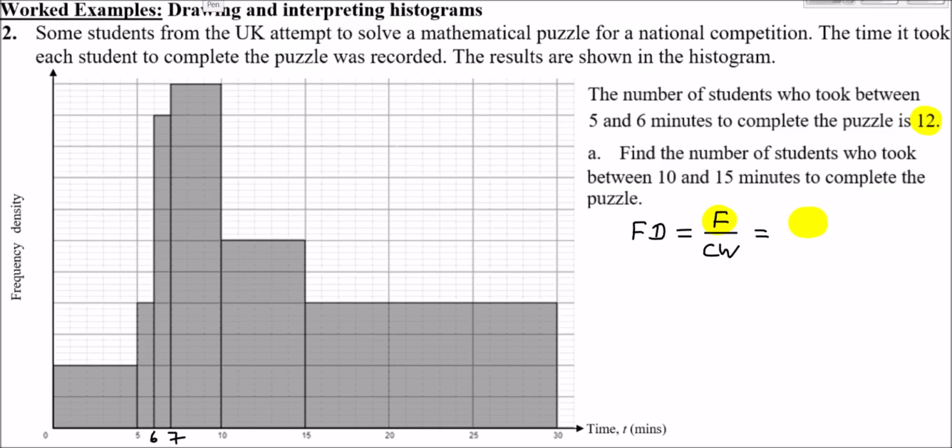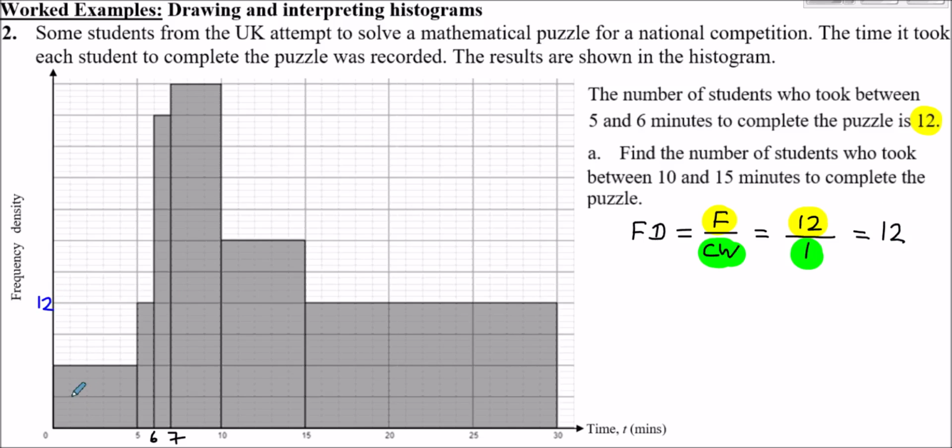And the class width of this bar is 1, because 6 take away 5 is just 1. So frequency divided by class width just means 12 divided by 1, which is 12. And so this bar has a frequency density of 12.